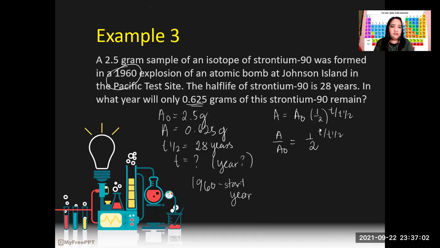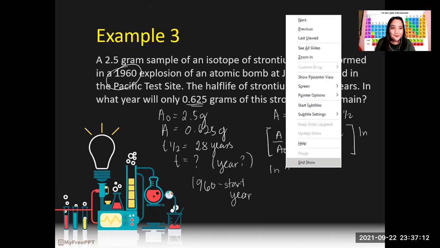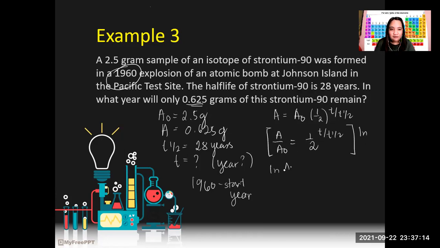And usually when we're given something like this, we take the natural logarithm. So ln of A over A0 is equal to t over t 1/2 times ln of 1/2.